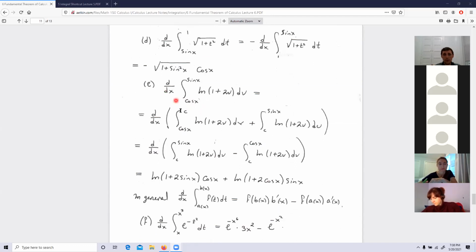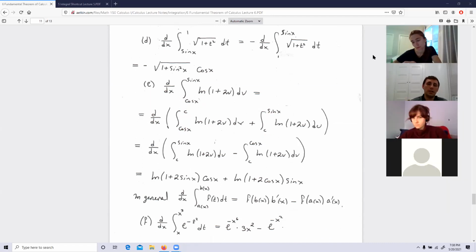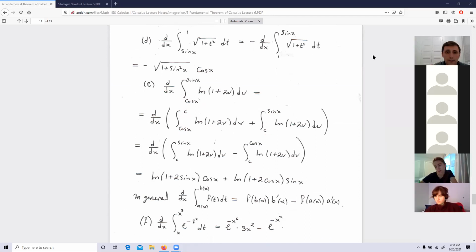Look at it. We will take cosine to c plus c to sine, right? Now, if you remember my previous lecture on Tuesday, c does not have to be between cosine and sine. It can be any number. Doesn't matter where. So we have this. And then this part I'm going to write first, and this part second, with the minus.